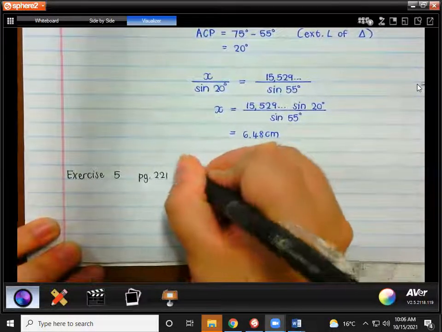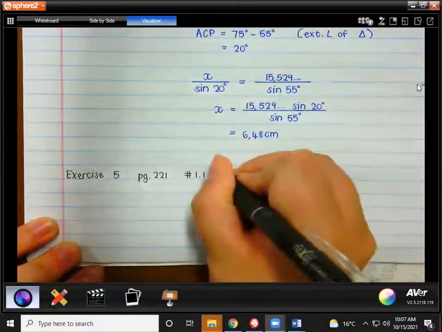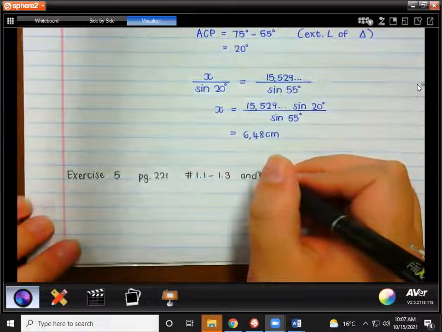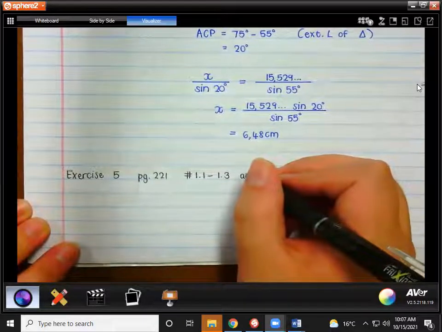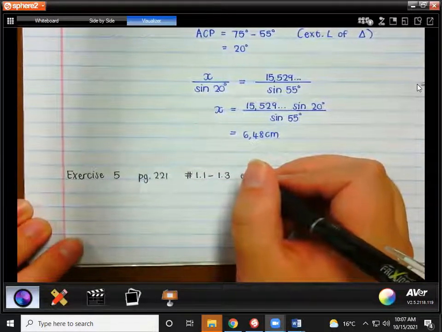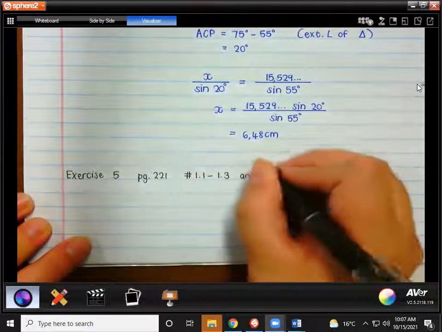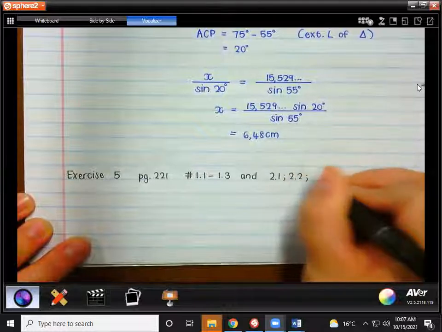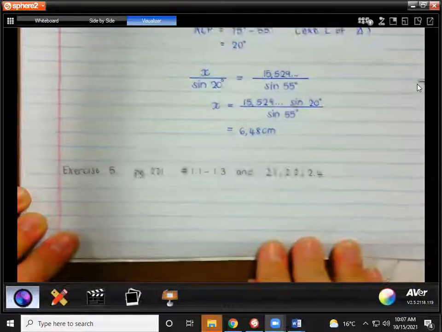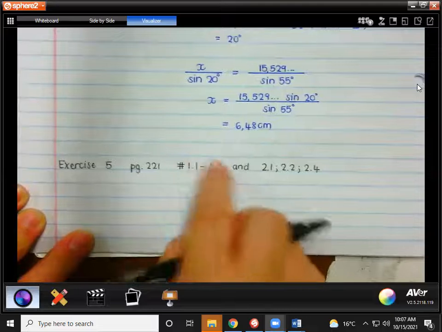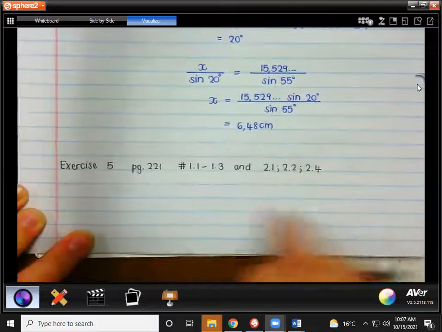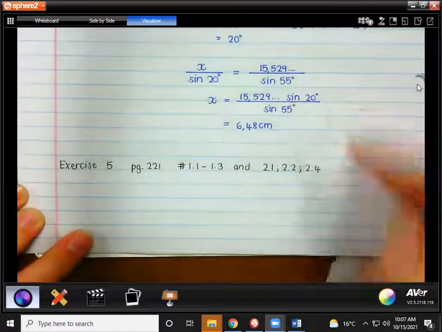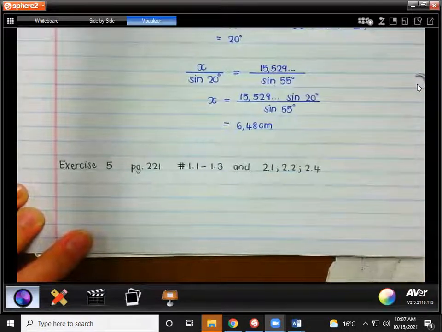I want you to do numbers 1.1 to 1.3 and those ones. Okay, the first 3 are just working with numbers. In the last 3, they have variables. Okay, so you're going to have to use the same method like the one that we used up here, but just working with variables and no numbers.